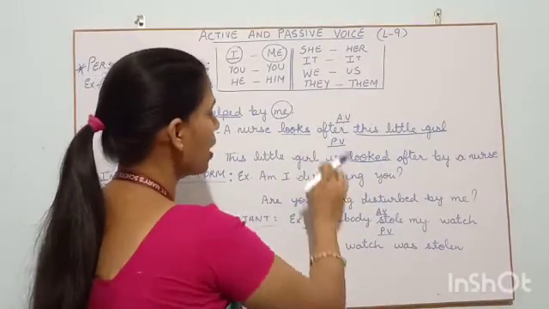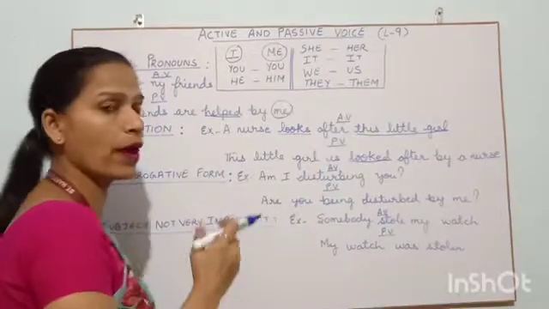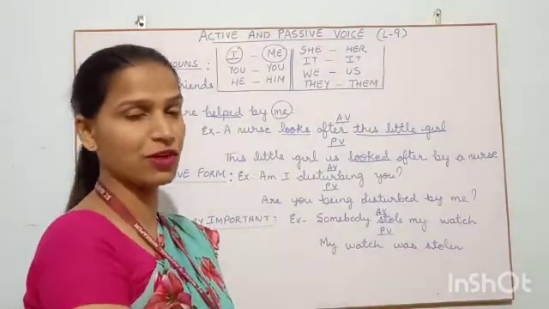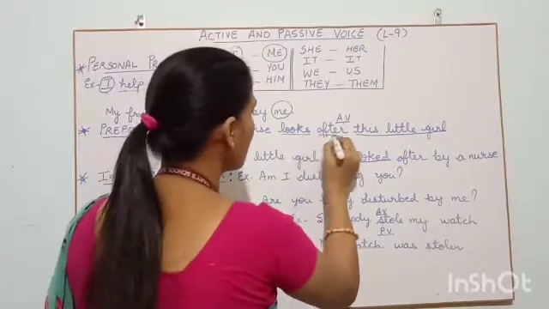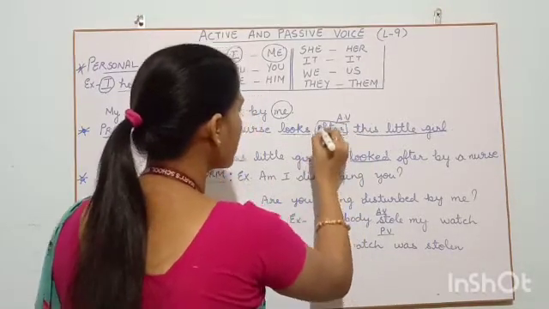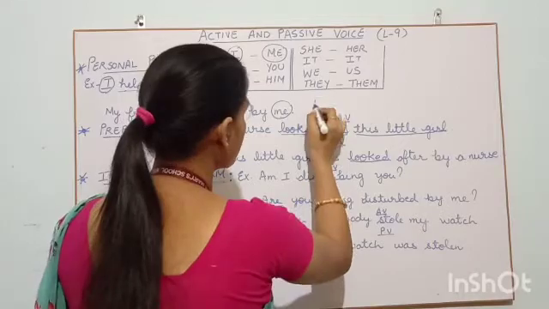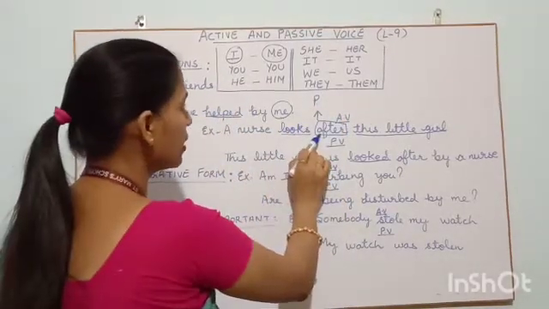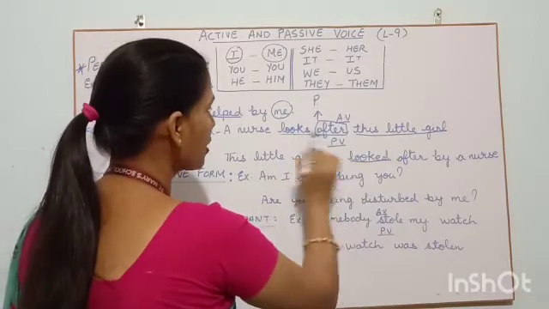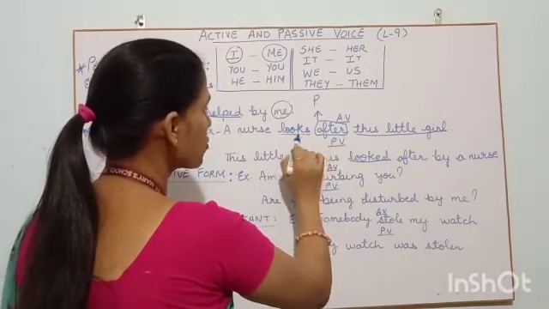And see, if I ask you, can you make out where is the preposition in the sentence? Will you be able to? The word after. The word after is your preposition. See, we have not excluded that from the sentence. We have it. Looks after, here it was looks after.